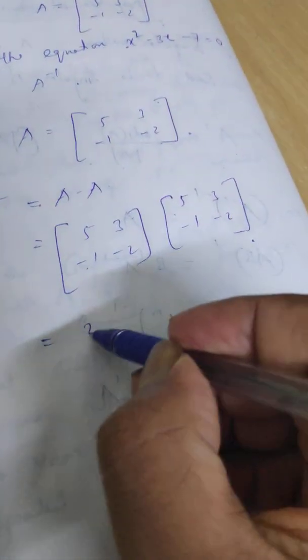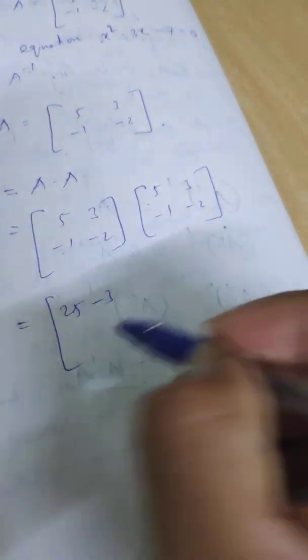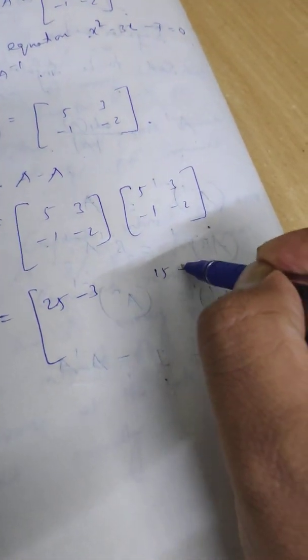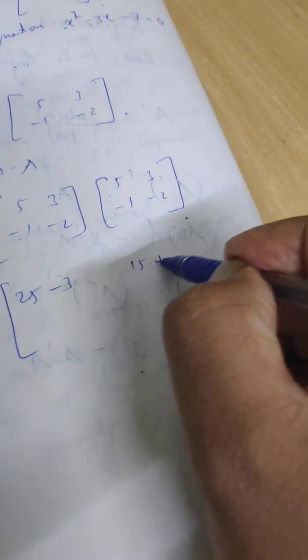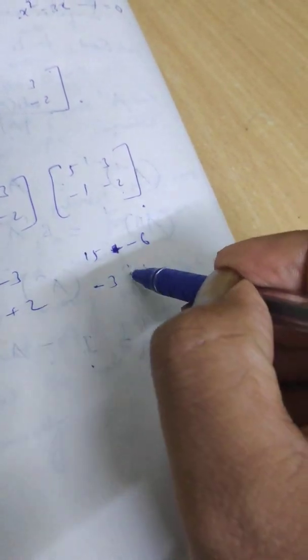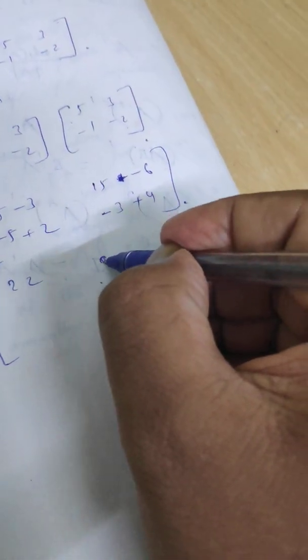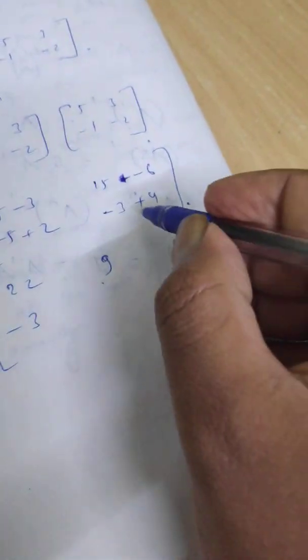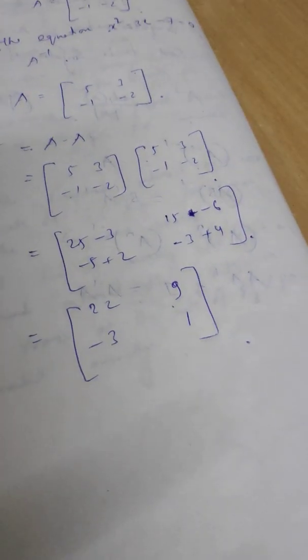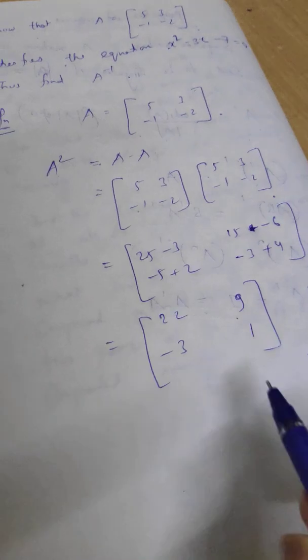Multiply: 25 minus 3, 15 minus 6, minus 5 plus 2, minus 3 plus 4. So this will become 22, 9, minus 3, 1. So this is your A square.